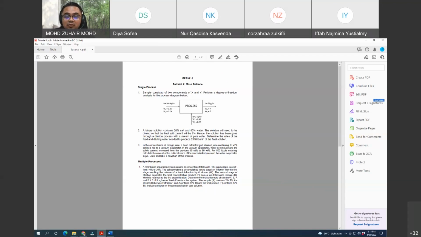Like your seniors this year, they will focus on designing a factory for the production of decaffeinated coffee powder. And the other group will design a plant related to the production of protein hydrolysate from fish waste. Okay, so something related to the food industry, but every year we change the topic, the product.